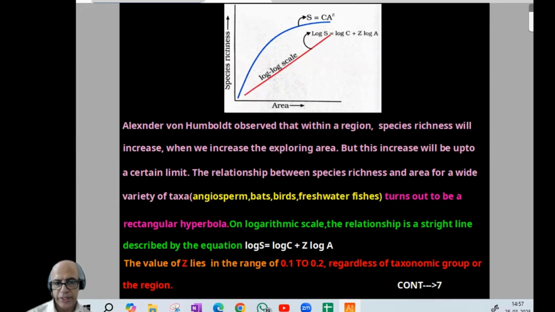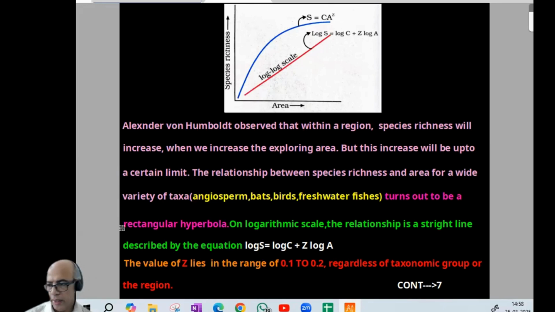The equation for it is log S equals log C plus Z log A. So the equation S equals C A raised to Z is converted into logarithmic form: log S equals log C plus Z log A. The value of Z lies in the range of 0.1 to 0.2 regardless of the taxonomic group or the region. That value exists in a somewhat common manner.